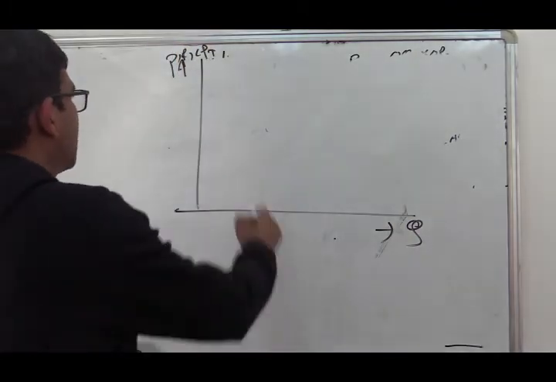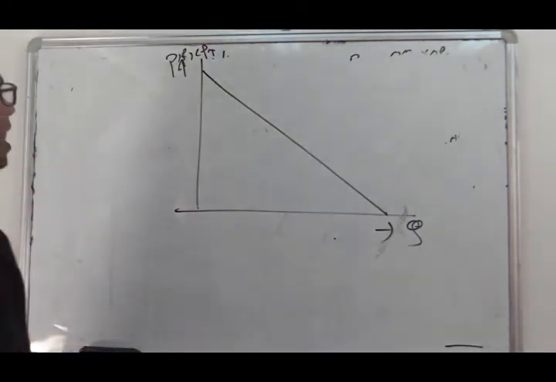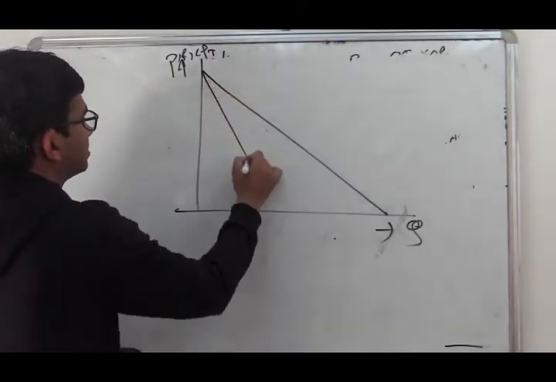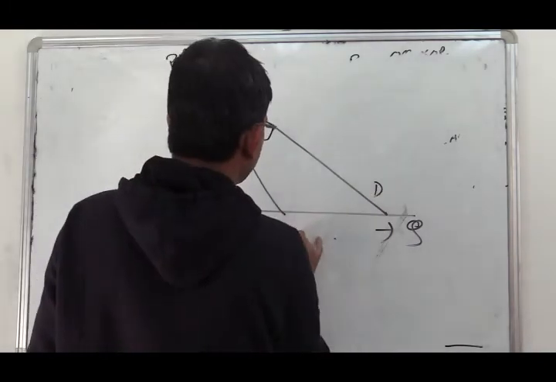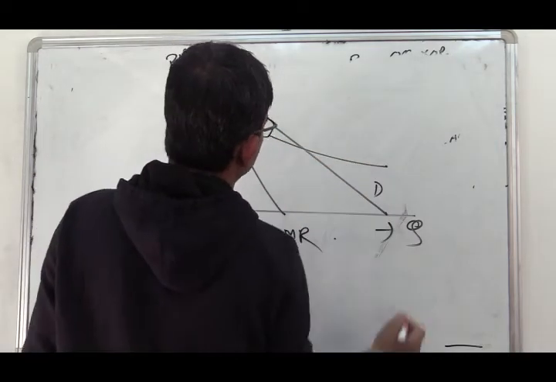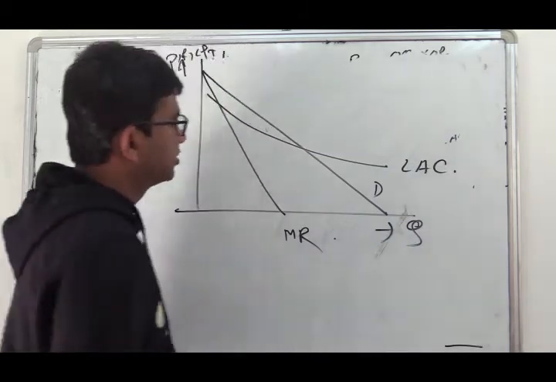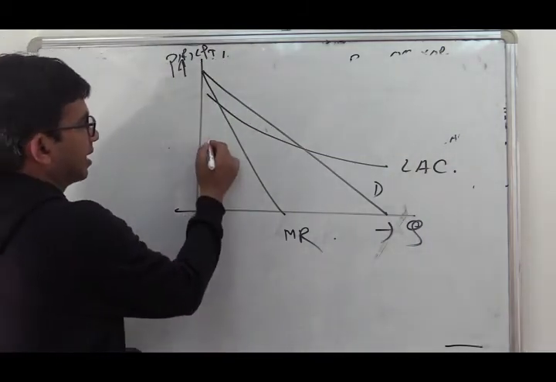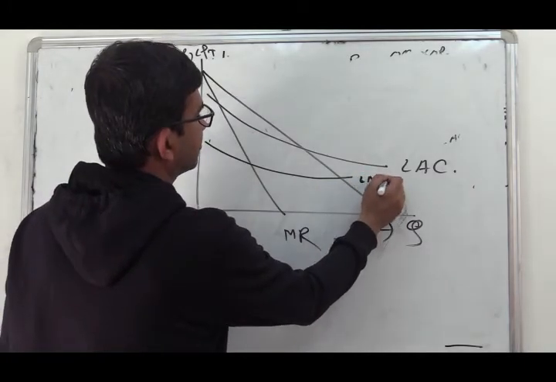So this is the market demand, and this is the corresponding marginal revenue, D and MR. So this is the long run average cost of the firm which is continuously declining, and this is the long run marginal cost of the firm.